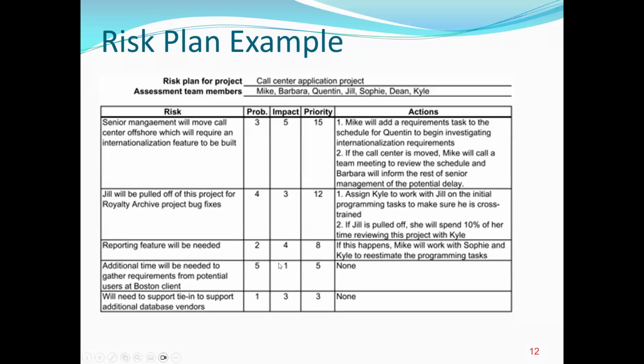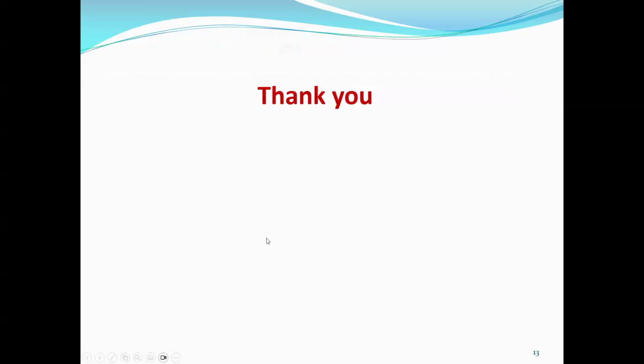So this would be a good example of a risk plan. We have the action that we need to take, the impact, and the probability that this risk may occur. And also we have many risks, so we set the priority. The risks with the higher priority, as we said earlier, will be those that may have a serious impact on the project. So that will be the conclusion of this lecture.